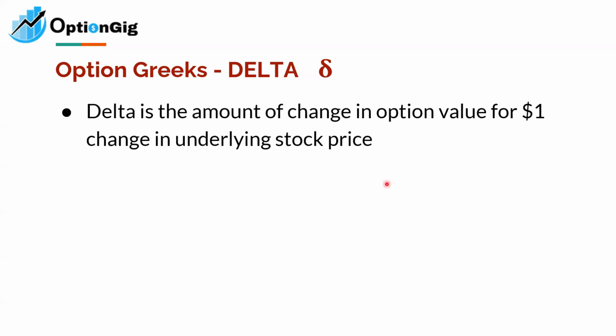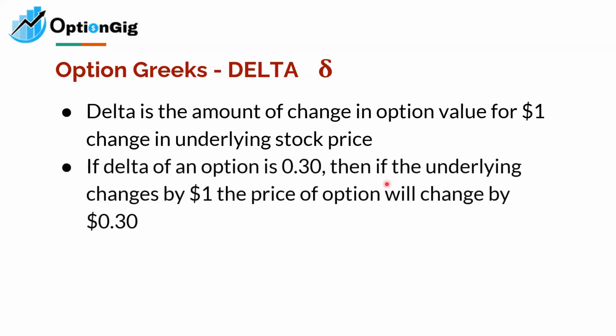Delta tells us how the option pricing will change if the stock moves by $1. So if a stock moves by $5, you just multiply the delta by 5.